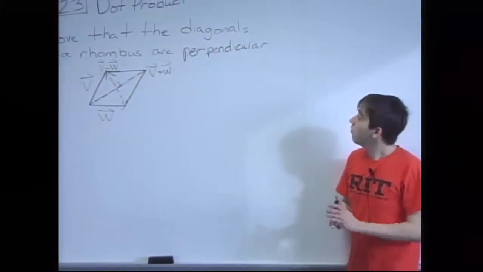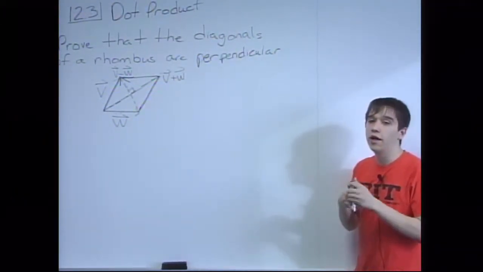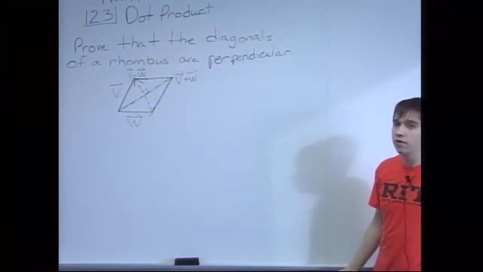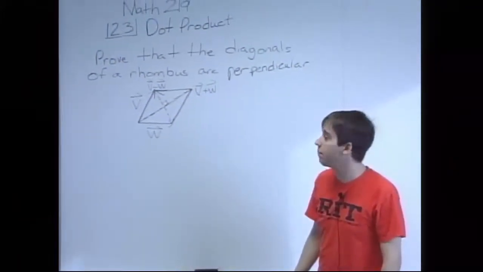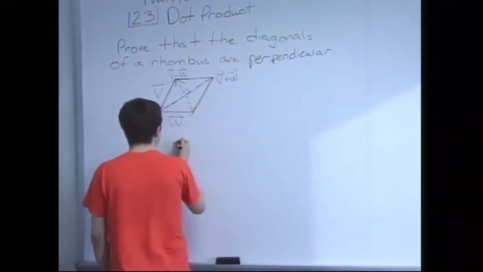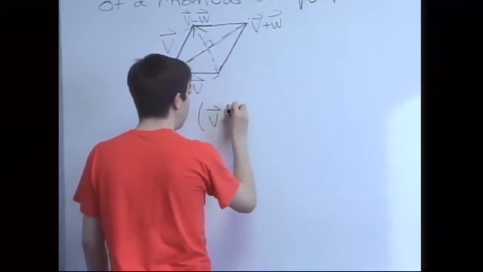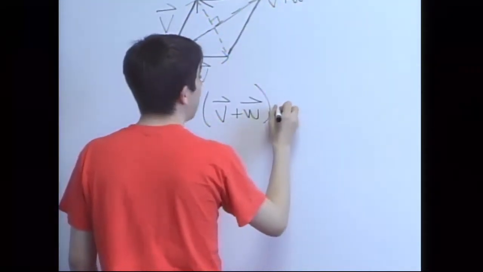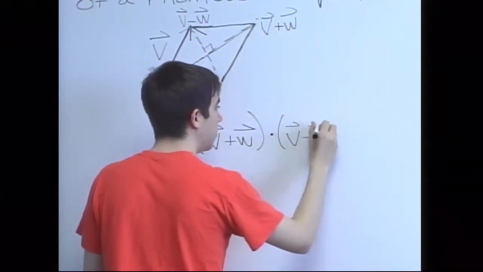Okay, so now we want to prove that these two vectors are orthogonal to each other, and the way that we do that is by using the concepts that we've learned about the dot product. So we're going to take the dot product of these two vectors. That's v plus w dotted with v minus w.